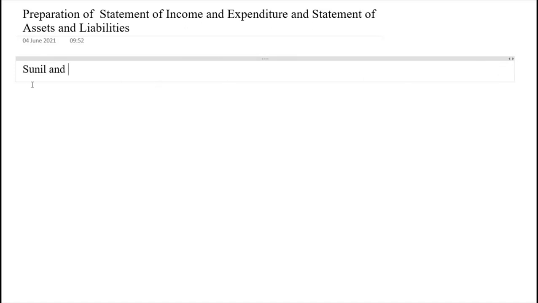The question is, Sunil and Sharad are partners in an LLP.